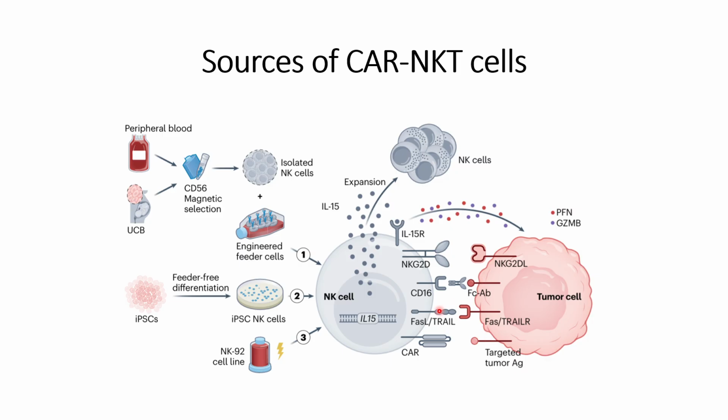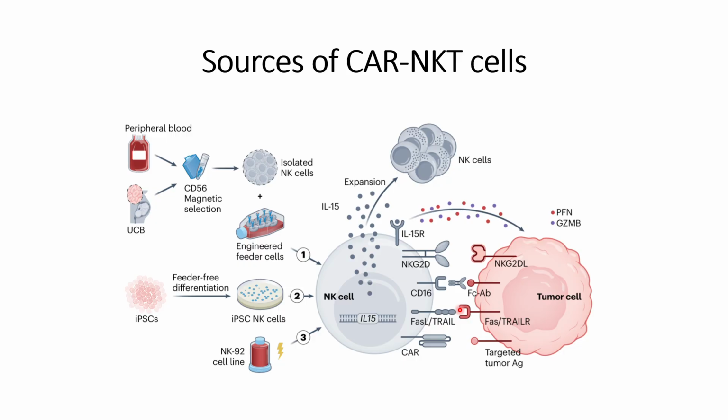Along with that, other receptors can also be modified. For example, CD16, and this CAR, which contains the targeted tumor antigen information and can be customized based on the patients or the tumors found in the patient.